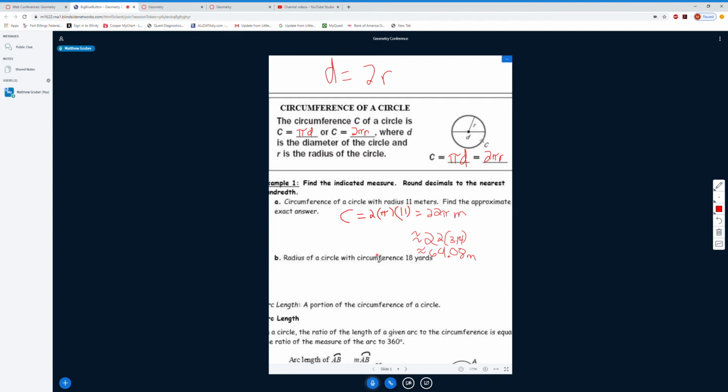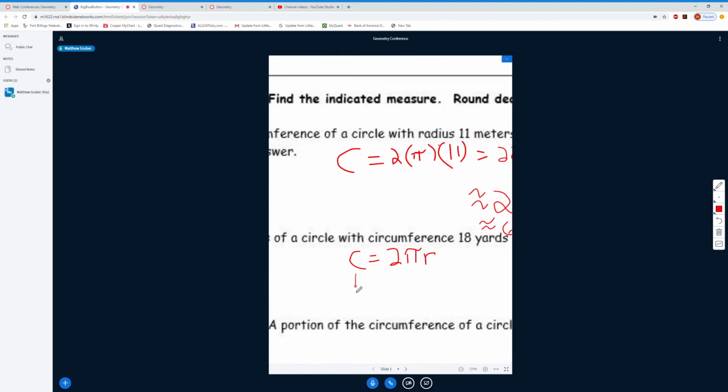All right, find the radius of a circle with a circumference of 18 yards. Well, we know the formula is 2 pi r, so we can work that formula backwards to find the radius. If the circumference is 2 pi r, and we know the circumference is 18, we can use that to find the radius. I'm going to use 3.14 to approximate. How would I solve for the radius?